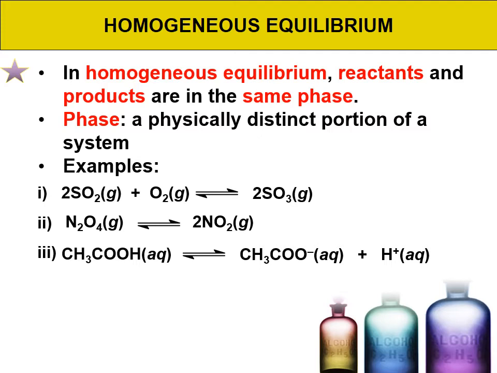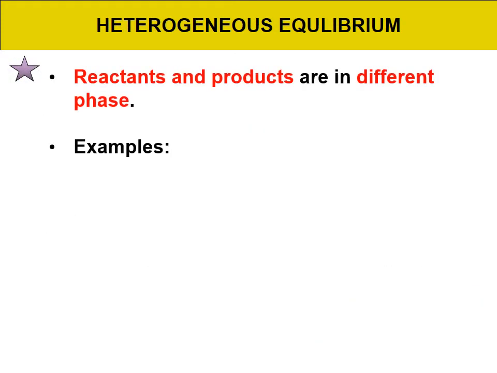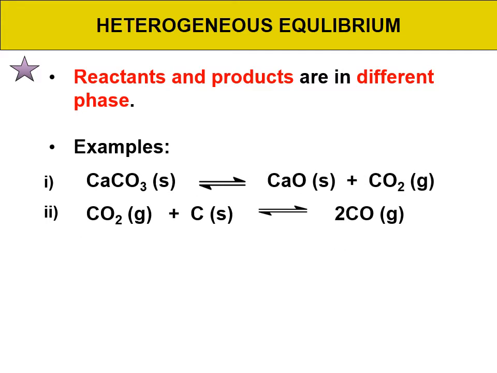In the second chemical equation, the reactant and product are in gaseous phase. In the third equation, the reactant and products are in aqueous phase. For a heterogeneous equilibrium, reactants and products are in different phases. For example, in the first chemical equation, calcium carbonate solid produces calcium oxide solid and carbon dioxide gas.